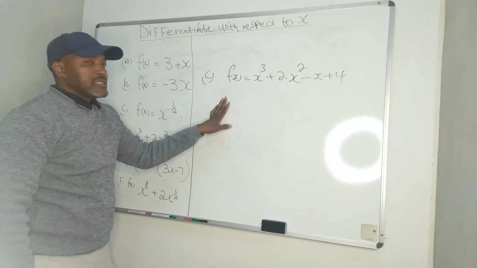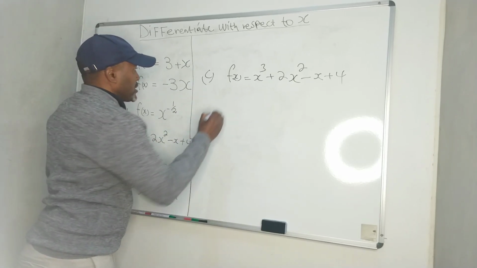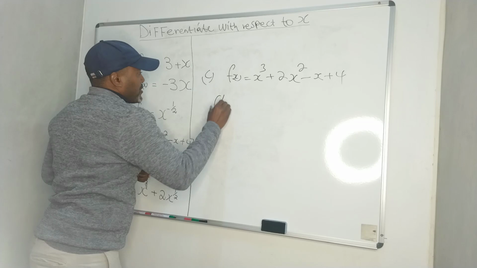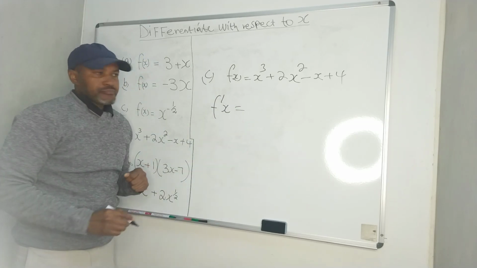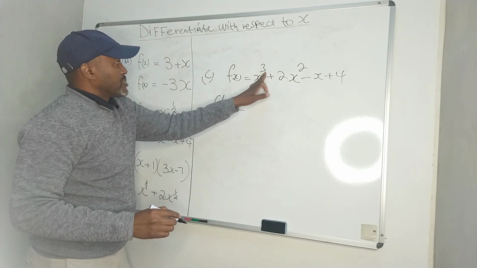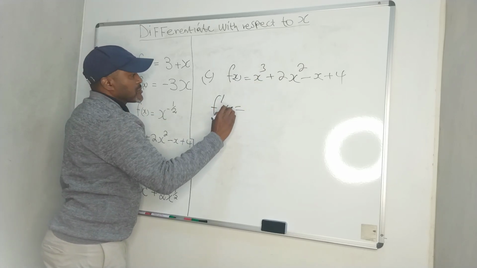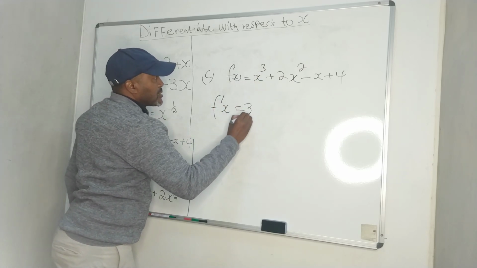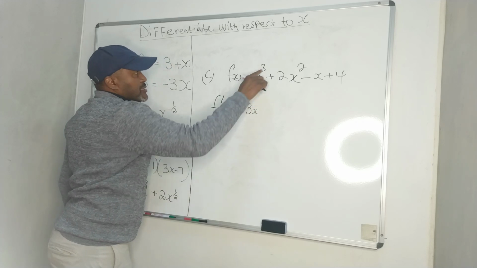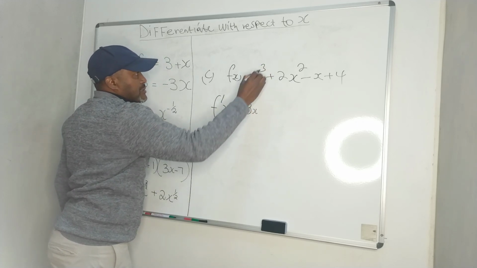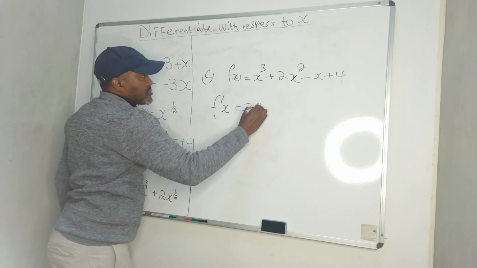Okay, we are in number D now. F prime of x equals, same here, 3 will drop down and get 3x. But 3 minus 1 is 2.